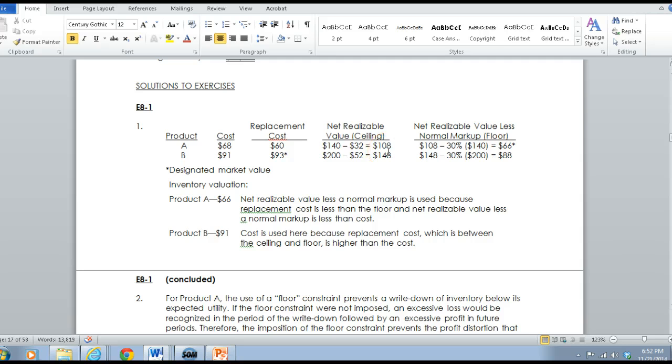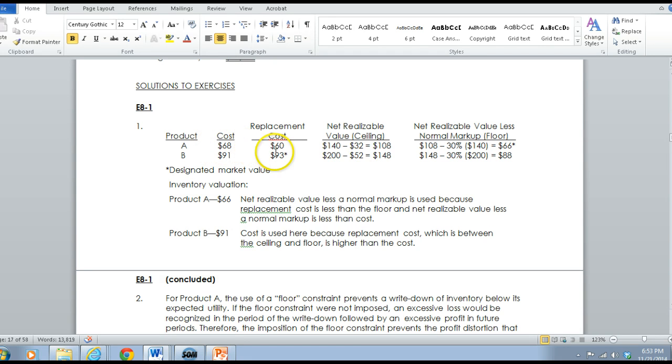Our floor includes the profit margin. So it's going to be the 108 minus the 30%, or $66.